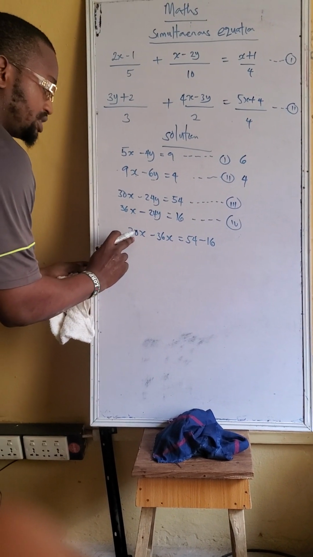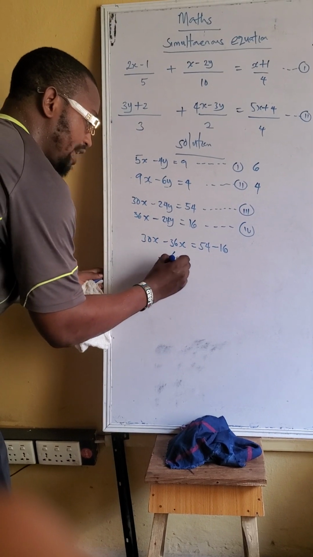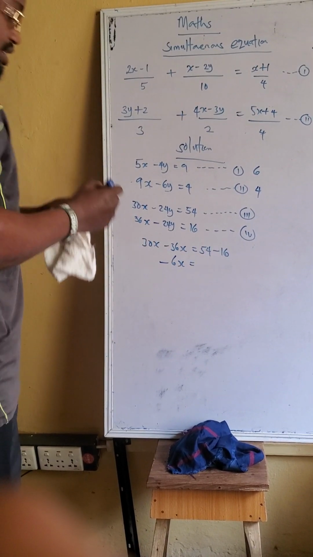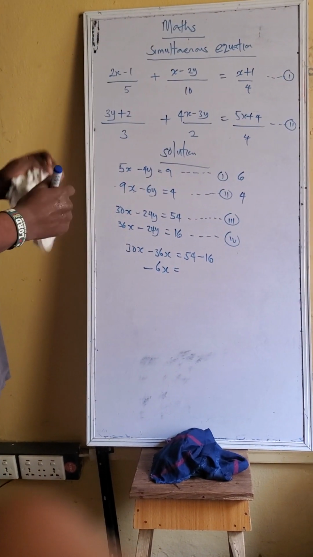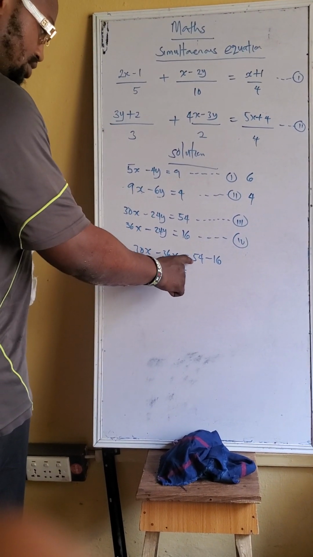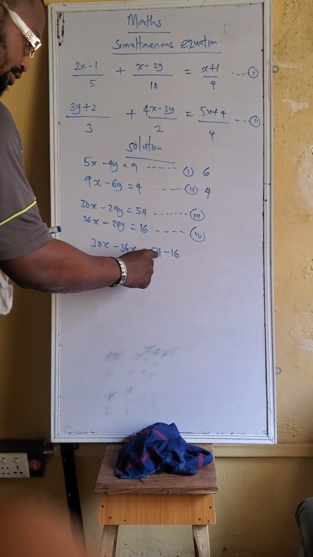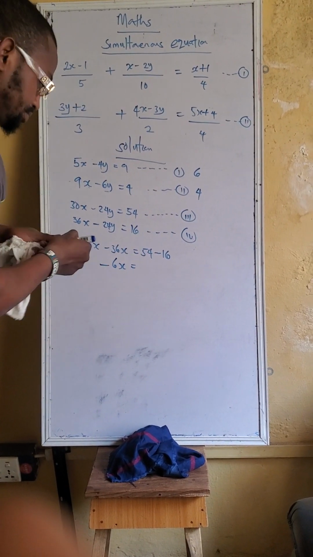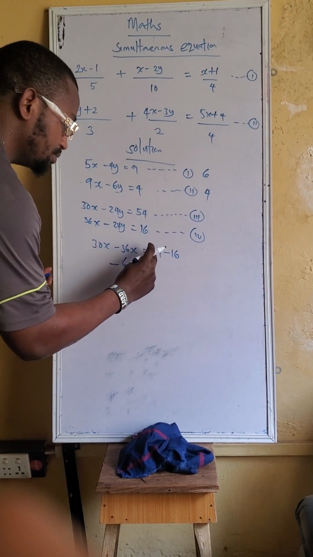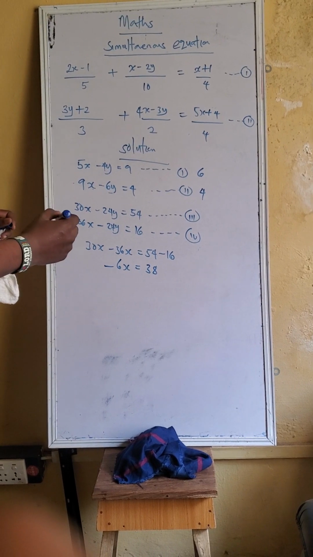Now by the time we subtract this and this, we have what? Minus 6x equals 54 minus 16. So 54 minus 16 is going to be, let's see, 38.